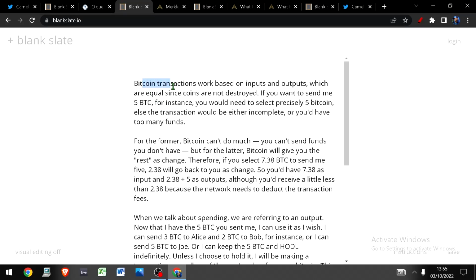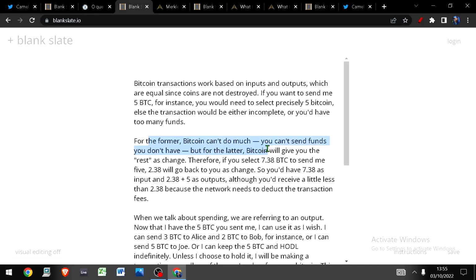So Bitcoin transactions work based on inputs and outputs, which are equal since coins are never destroyed. If you want to send me 5 Bitcoin, for instance, you would need to select precisely 5 Bitcoin, or else the transaction would either be incomplete or you'd have too many funds. For the former, Bitcoin can't really do much. You can't send funds that you don't have.